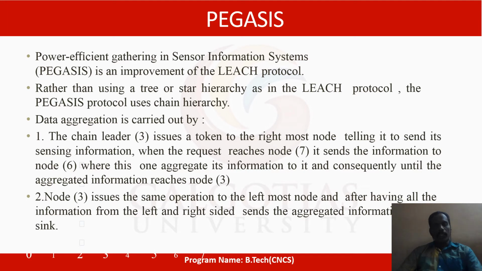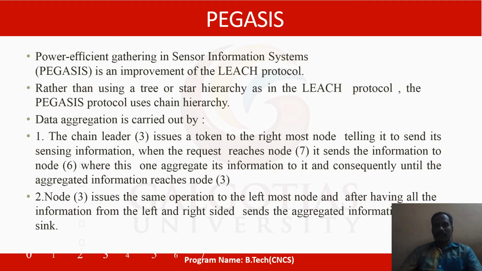When the request reaches node 7, it sends its information to node 6, which aggregates it, and this continues until the aggregated information reaches node 3. Then node 3 issues the same operation to the leftmost node, and having all the information from the left and right side, it sends the aggregated information to the sink.